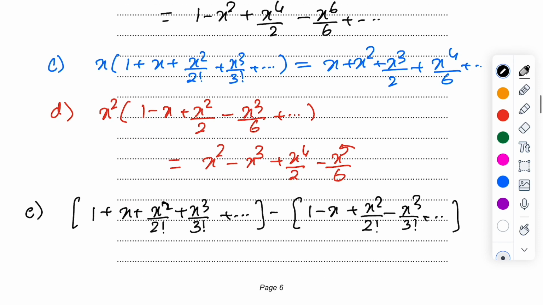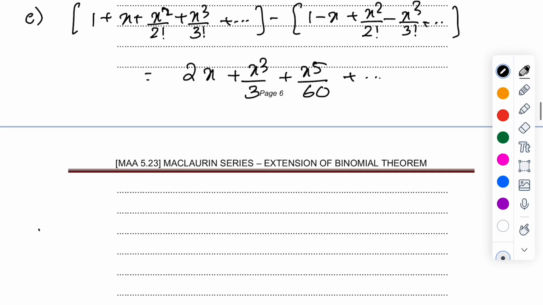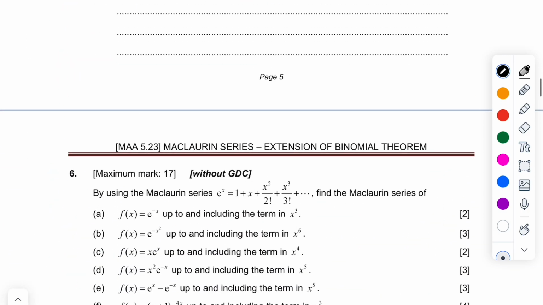So when I simplify that, I will be getting 2x because 1 and 1 cancel, plus x cube by 3 plus x power 5 upon 60. This is going to be the answer. Check for the calculations.